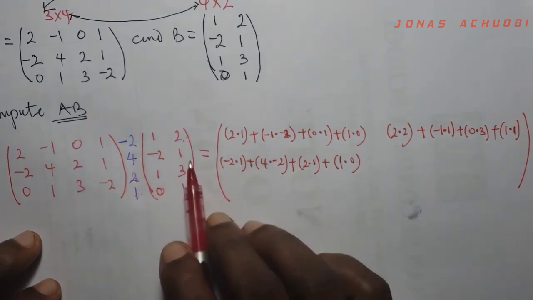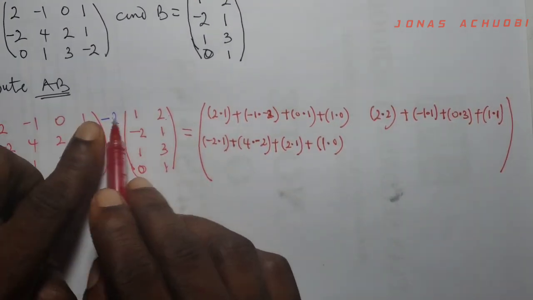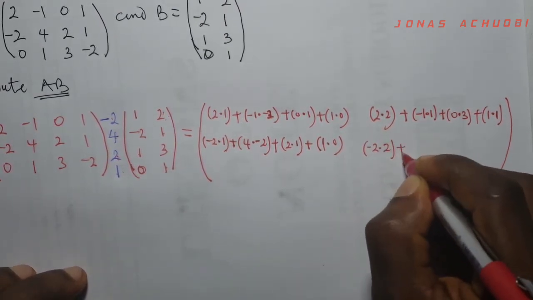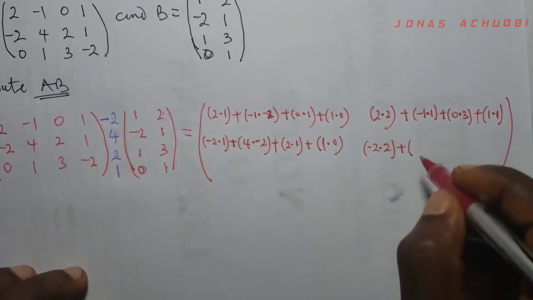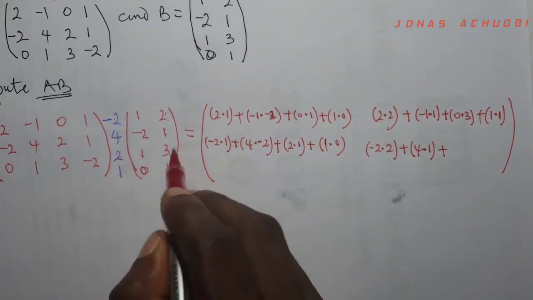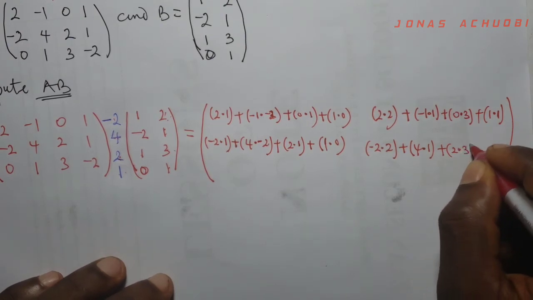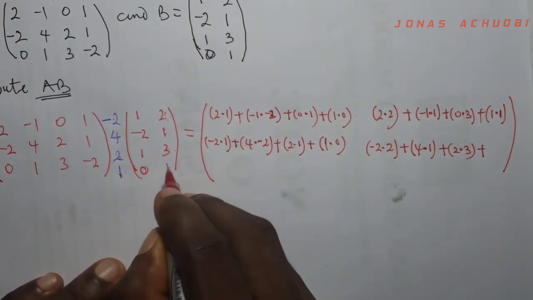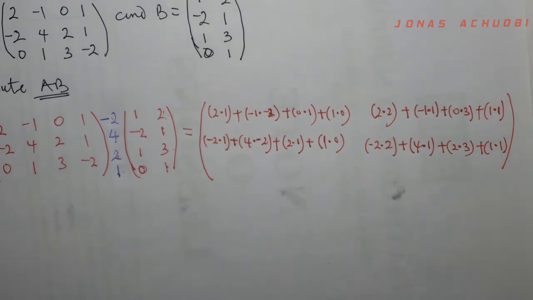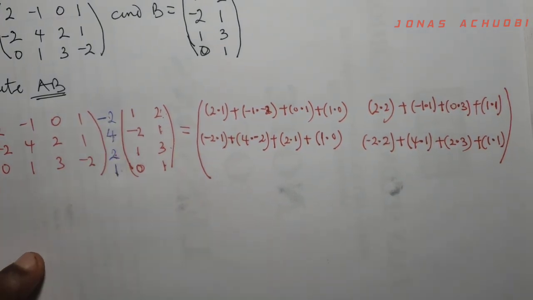We now move to the second column of matrix B. So minus 2 times 2 plus 4 times 1 plus 2 times 3 plus 1 times 1. We've exhausted now the multiplication of the second row.